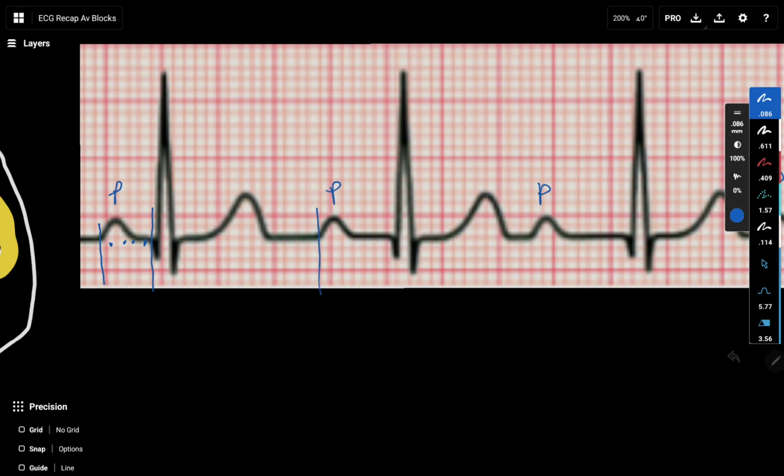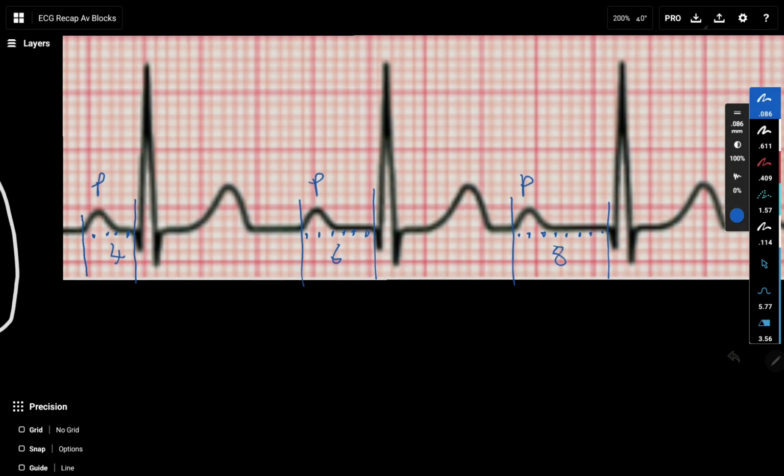We'll do the same here: 1, 2, 3, 4, 5, 6. So here we get 4 small squares, here we've got 6. We'll have a look here again, and that's 1, 2, 3, 4, 5, 6, 7, 8. 8 small squares there.